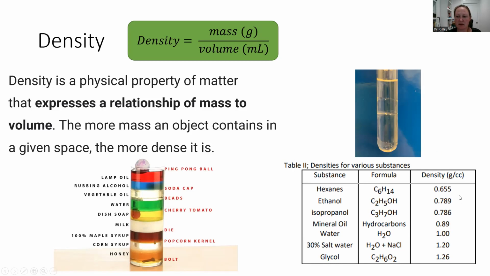So if we have something close to 0.789, for example, then we might say that that could be ethanol, or look at this one is very close as well, possibly isopropanol as well. But others are a little bit more distinct, right? There's nothing else really close to them, right? So you could be a little bit more sure based on that density calculation.